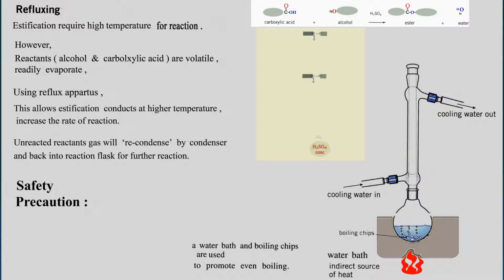So you must use a water bath to make the heating even and raise the temperature slowly. Otherwise, it is flammable, the contents are very dangerous and the temperature is very high. So students, you have to understand the molecular structure, the chemical reaction, and the experiment, as well as the safety precautions.